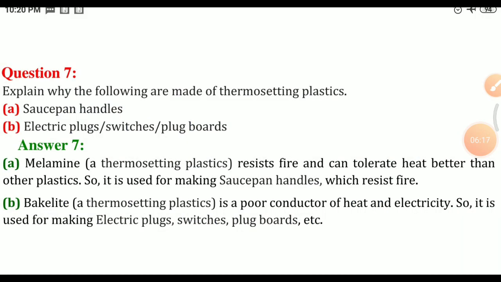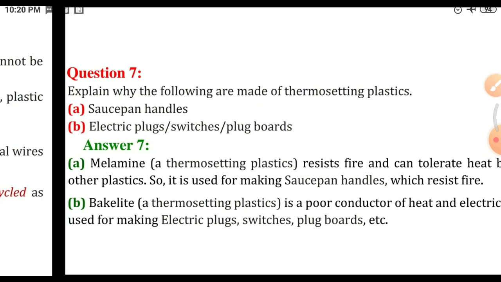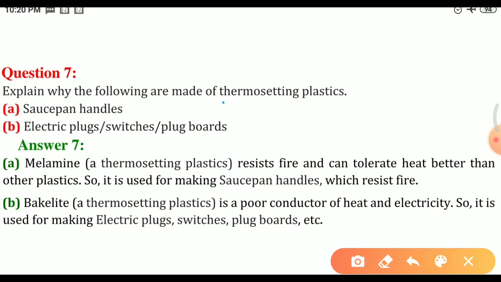Question number 7 is explain why the following are made of thermosetting plastic: A. saucepan handles and B. electric plugs, switches or plug boards. Here we should know that the plastics which, when molded once, cannot be softened by heating are called thermosetting plastic, and the main examples of thermosetting plastics are bakelite and melamine.